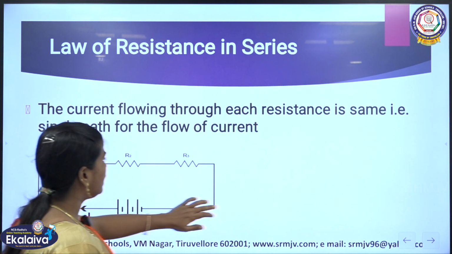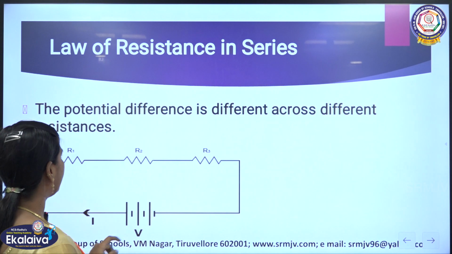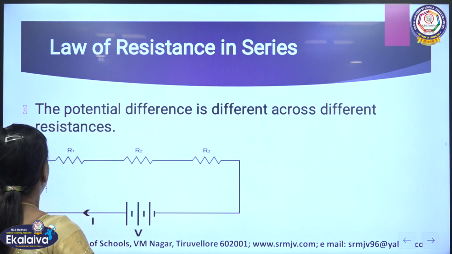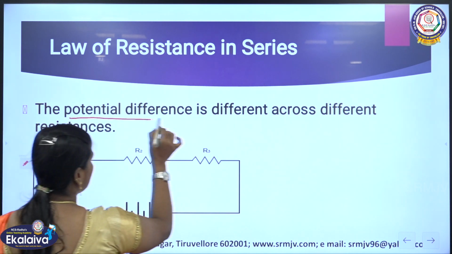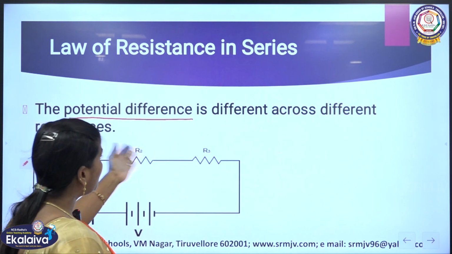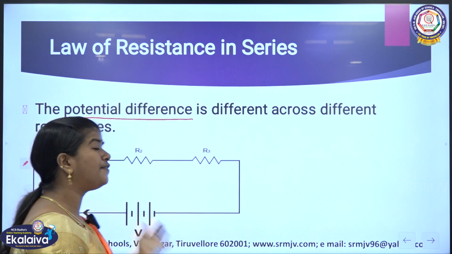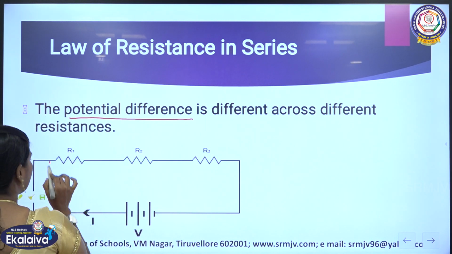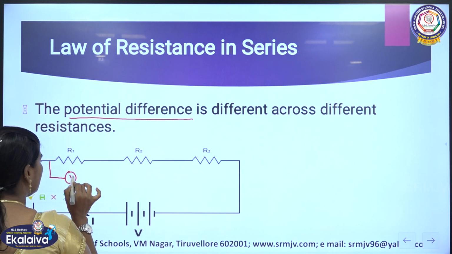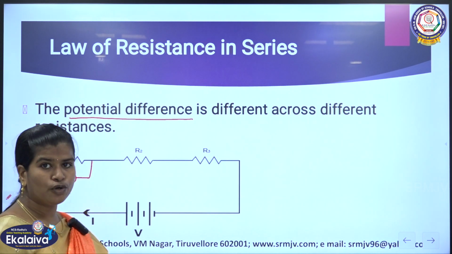Next, we will talk about what will happen to the voltage. Potential difference is nothing but the voltage. The potential difference is different across different resistors. If I connect the voltmeter here, you know very well the use of voltmeter.